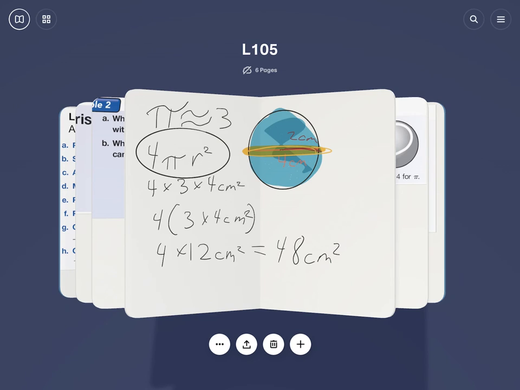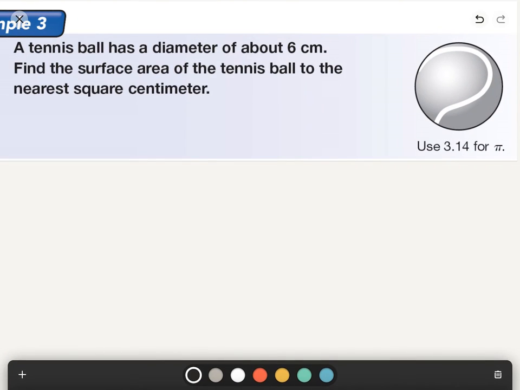All right, here's the actual example. I'm gonna let you try to figure this out. I will put the formula up here. Now that you have gotten my super clear example there at the beginning, use that to plug yourself in to this using 3.14 as pi. Get the surface area.